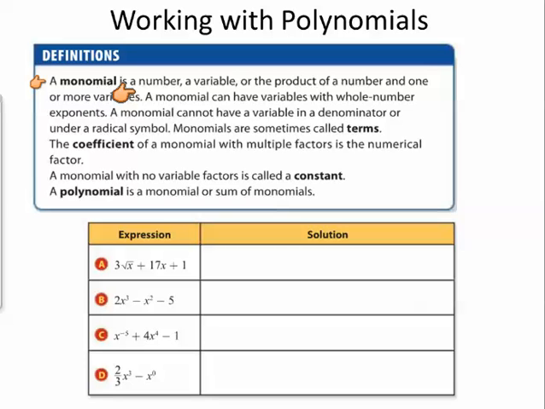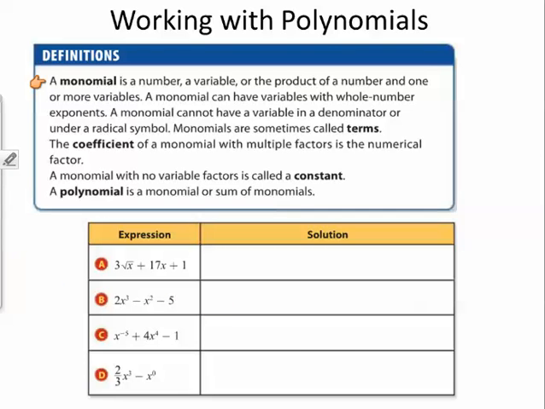It's still called a monomial. Okay? Monomials are sometimes called terms in polynomials. So if you're seeing multiple things put together, those would be a polynomial. And if you're looking at just one term, it's a monomial.